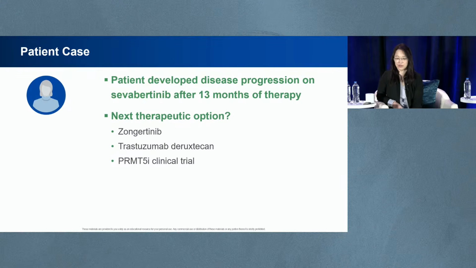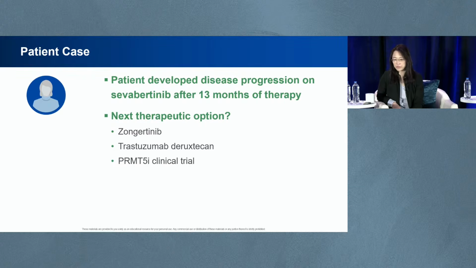Among those options, I wouldn't switch to zongertinib at this moment because those two drugs both have very similar potency, and if there's no additional mutation that's specifically fitting for zongertinib, I think the likelihood of this patient responding to zongertinib after zivobertinib progression is quite low.